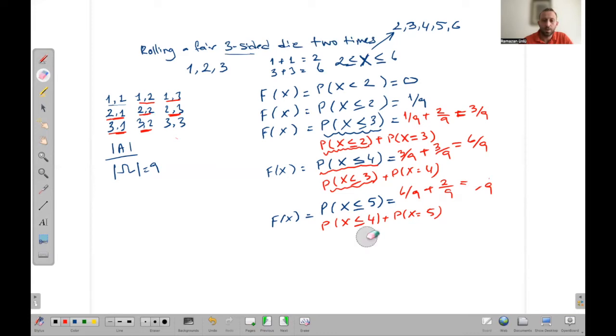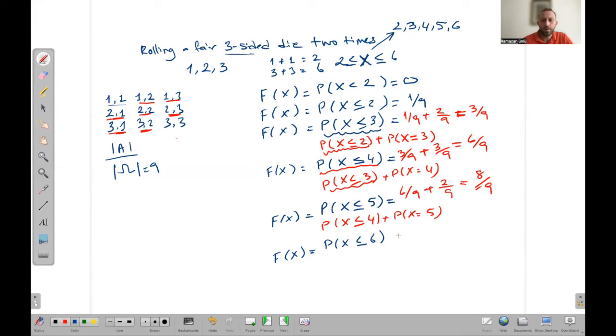So it's going to be 8/9. And the last one is the last possible value x can take, which is the CDF of x, that is, the probability of x less than or equal to 6.